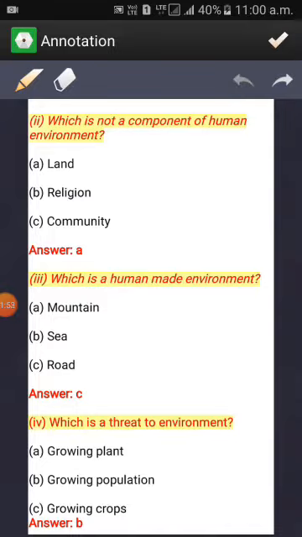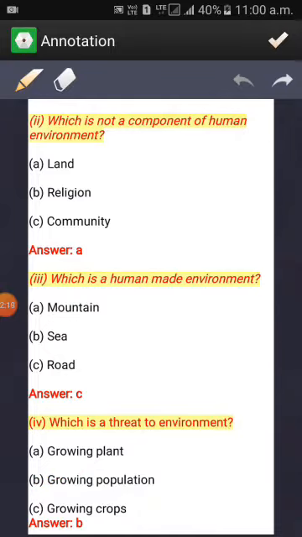First option is growing plants, second is growing population, third is growing crops. You will easily be able to point out the one that serves as a threat to environment, that is growing population. Growing population is the threat to environment because there increases load on the resources available in the environment.